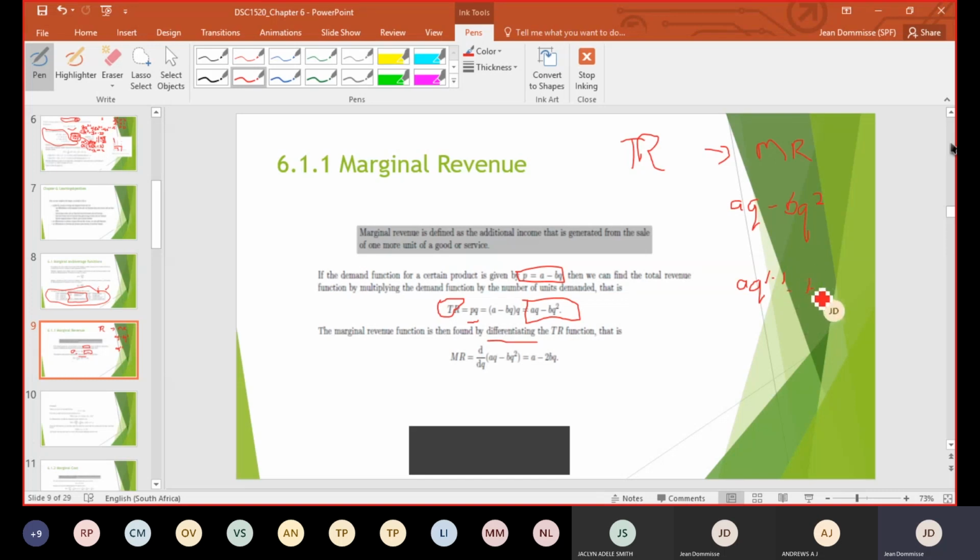Here we would have said, okay, so we need to take the 2 to the front. So minus 2bQ to the power of 2 minus 1.